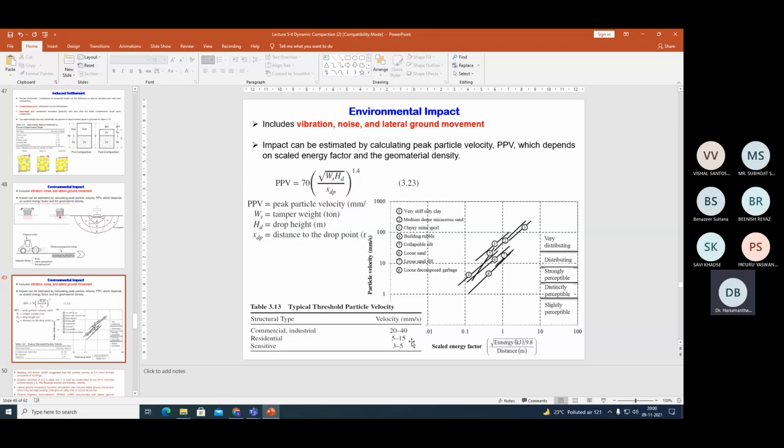Just see how the limitations are imposed on the peak particle velocity, and what is the significance of the peak particle velocity. It could cause disturbance to the resident people or disturbance to the industrial activity.